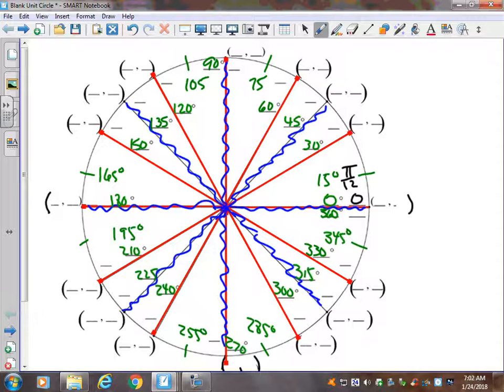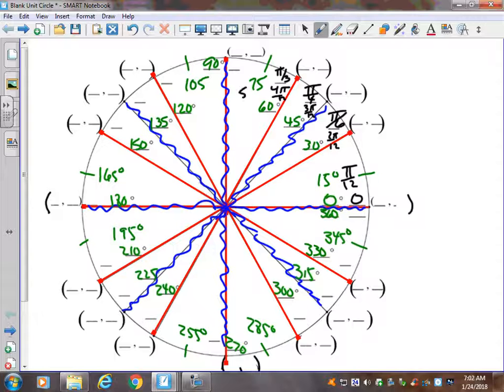So because the first line has to be 1/12, the next line is 2/12, and 2/12 reduces to pi over 6. The next one is 3/12, and 3/12 reduces to pi over 4. Then the next one is 4/12, and 4/12 reduces to pi over 3.